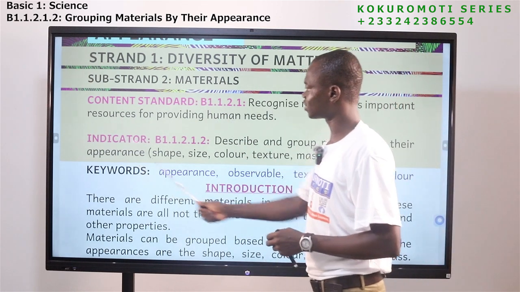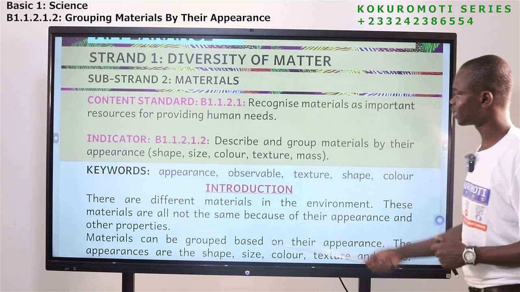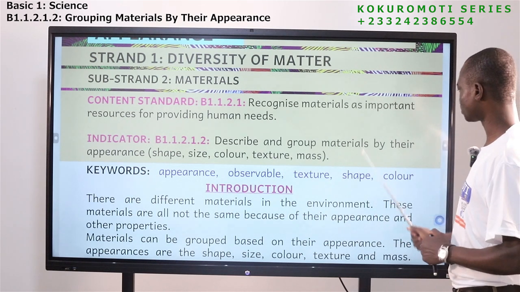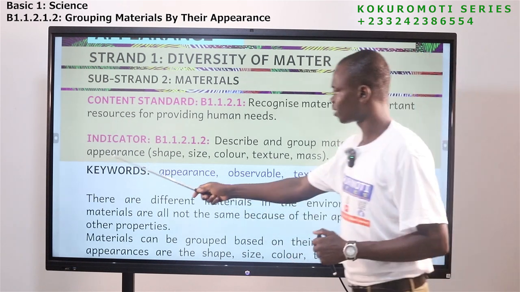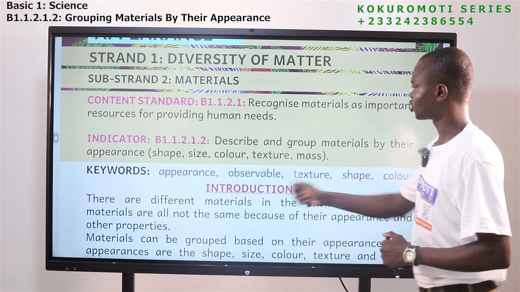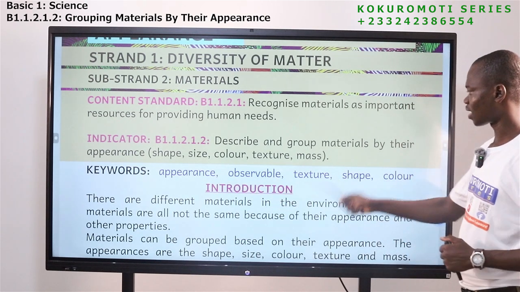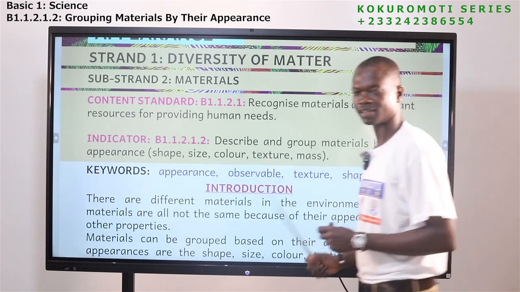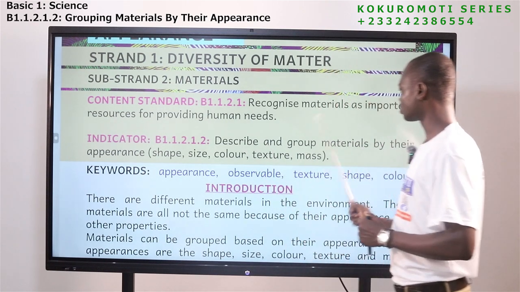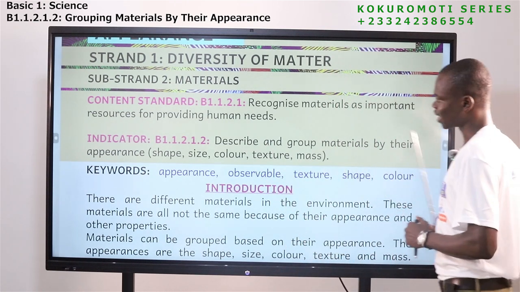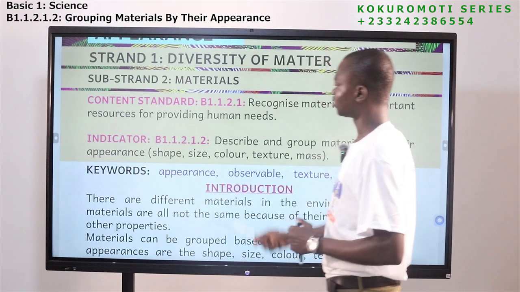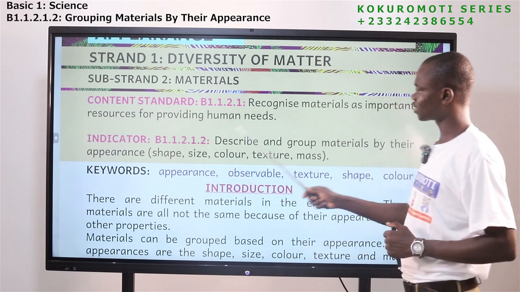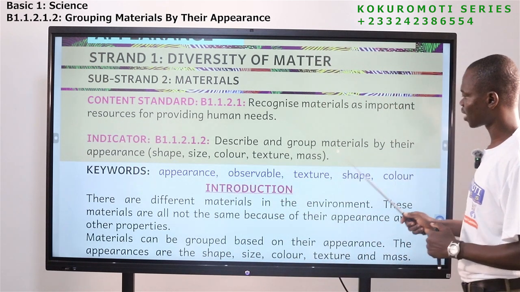The indicator says: describe and group materials by their appearance, shape, size, color, texture, mass. I'm taking the indicator again. Describe and group materials by their appearance. We have shape, size, color, texture, mass.